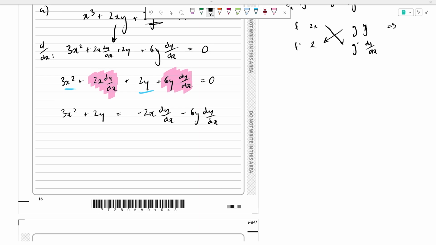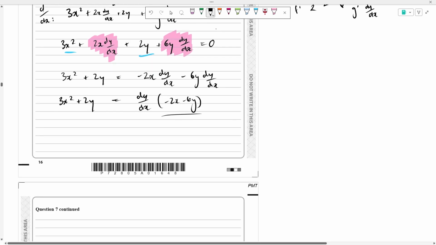Okay, and then what I'm going to do is factorize out dy by dx. So this becomes 3x squared plus 2y is equal to dy by dx times minus 2x minus 6y. And then we can just go ahead and divide. So we end up with 3x squared plus 2y over minus 2x minus 6y is equal to dy by dx. You can write this fraction essentially in different ways.